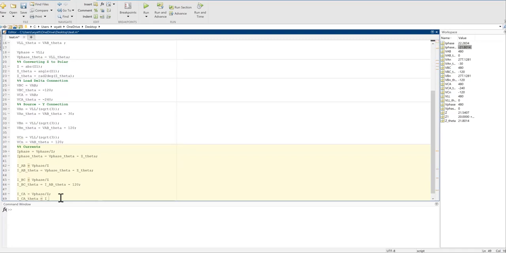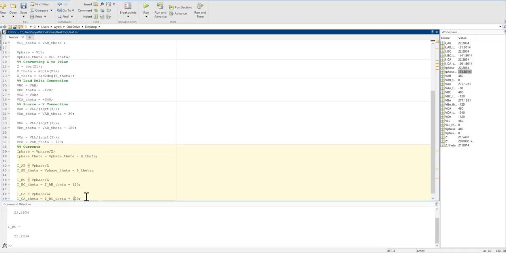So we're just going to take IBC theta and minus 120. If you really wanted to, you could do the same thing: we could take I phase theta, subtract by this, take IAB theta and subtract out 120, and then here do 240 if you wanted to, but just for the sake of this, we did this.